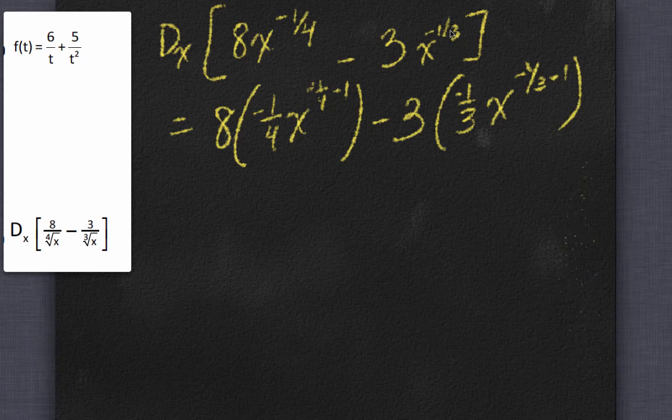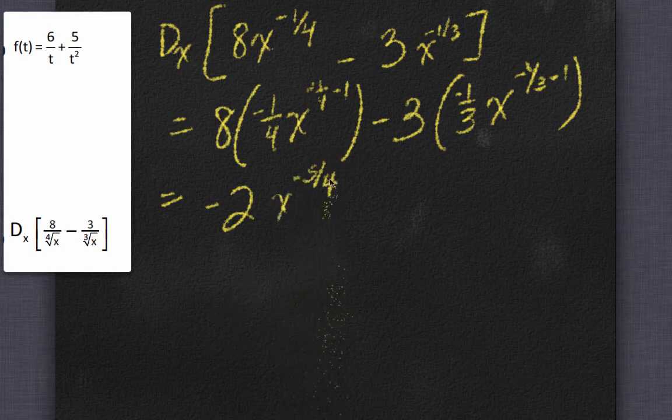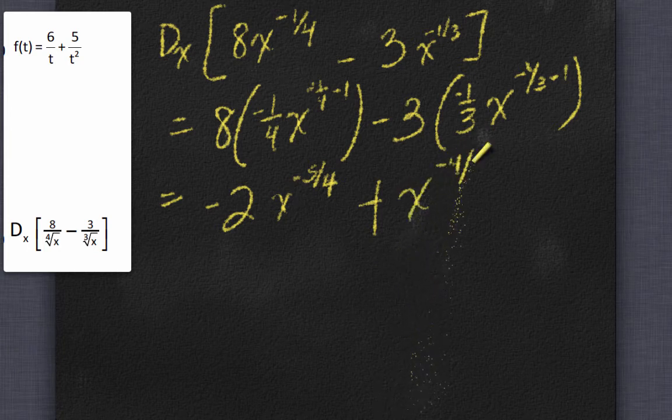So I said before that this was negative because it was in the denominator, and then I just didn't write it down. So that should have been negative 1/3 all along. 8 times negative 1/4 is negative 2. X to the negative 5/4, common denominator between 1 and 1/4. Minus 3 times minus 1/3 is plus 1. X to the negative 4/3.